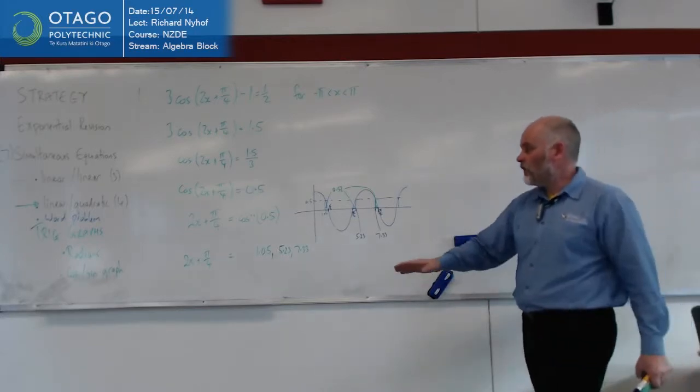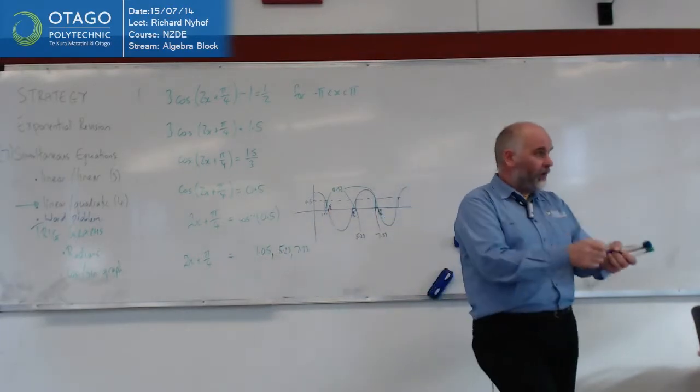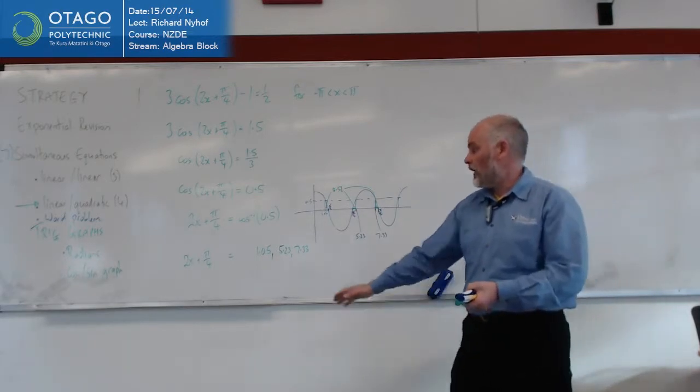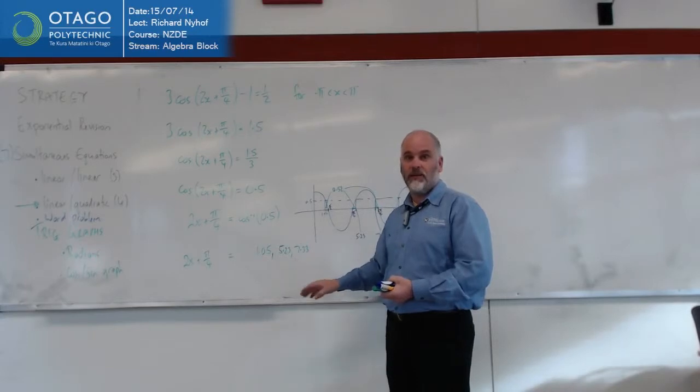Okay, so when you do the inverse cosine, that's the point where the calculator should give you more than one answer but doesn't. And you've got to help it out by getting the extra answers. Yep.